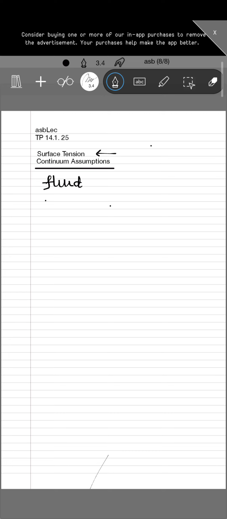First it is continuous, and secondly it is homogeneous. And by these assumptions, what we basically mean is that we are ignoring the discrete nature of the molecules involved.